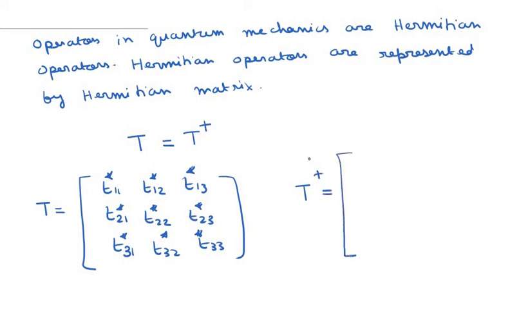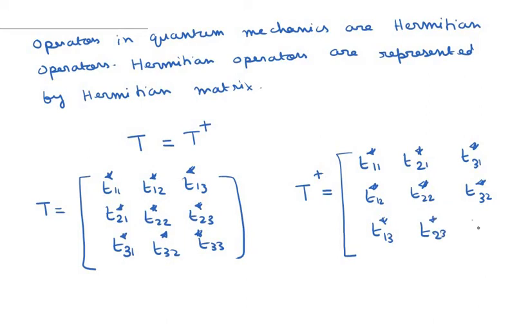The complex conjugate transpose of this matrix T basically becomes T1 star, T2 star, T3 star, T1 star, T2 star, T3 star, T1 star, T2 star, and T3 star.